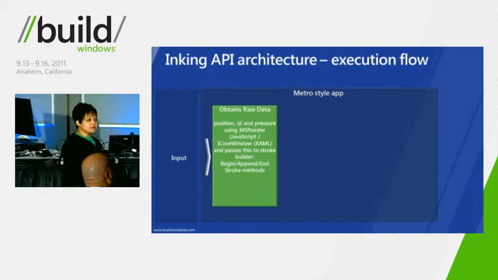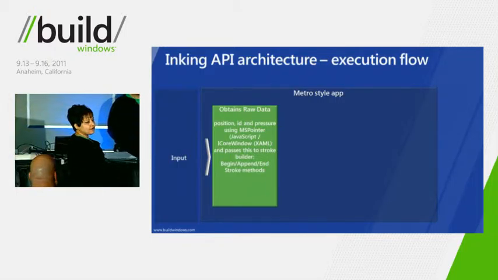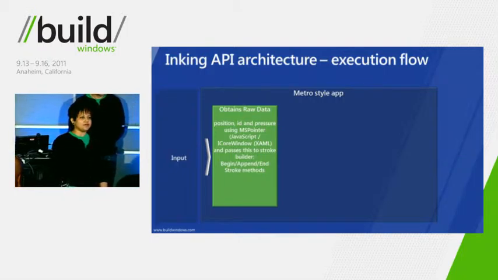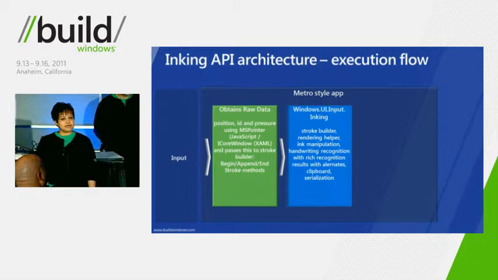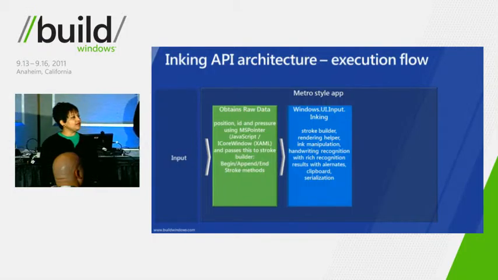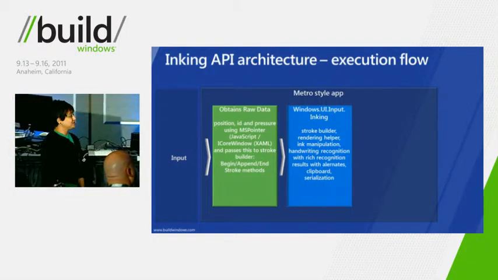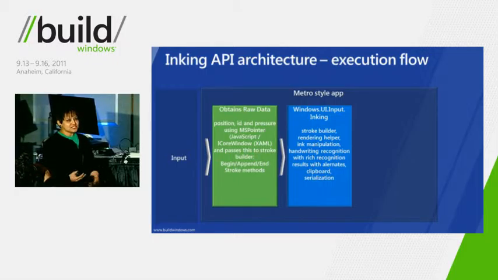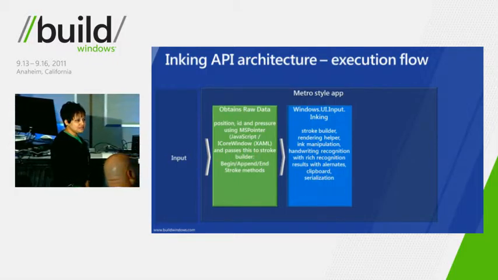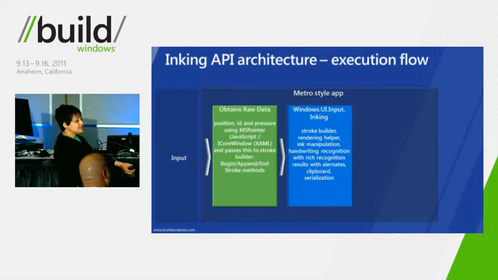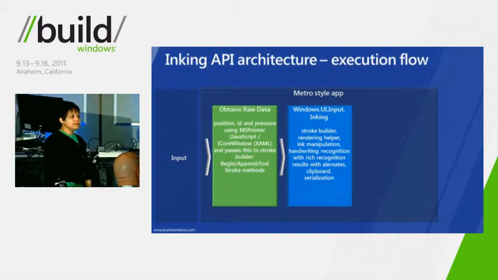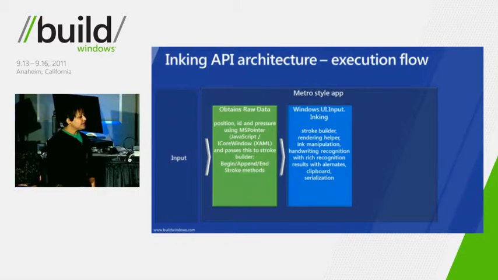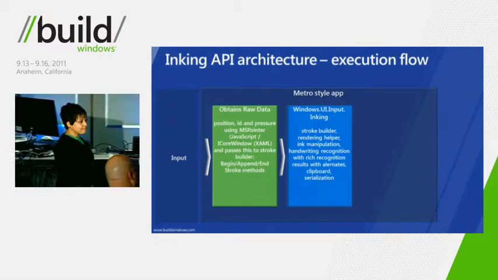You can use the MS pointer for JavaScript, or if you're using XAML, then you have ink window. And Windows UI input inking, and I'm not going to keep saying this again and again, I'll just say the inking namespace has the capability to create the strokes using the begin, append, and end stroke methods.